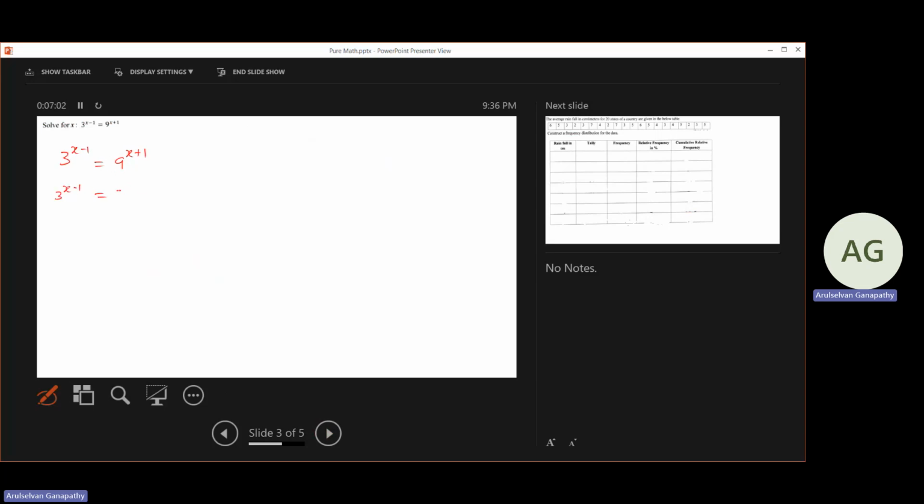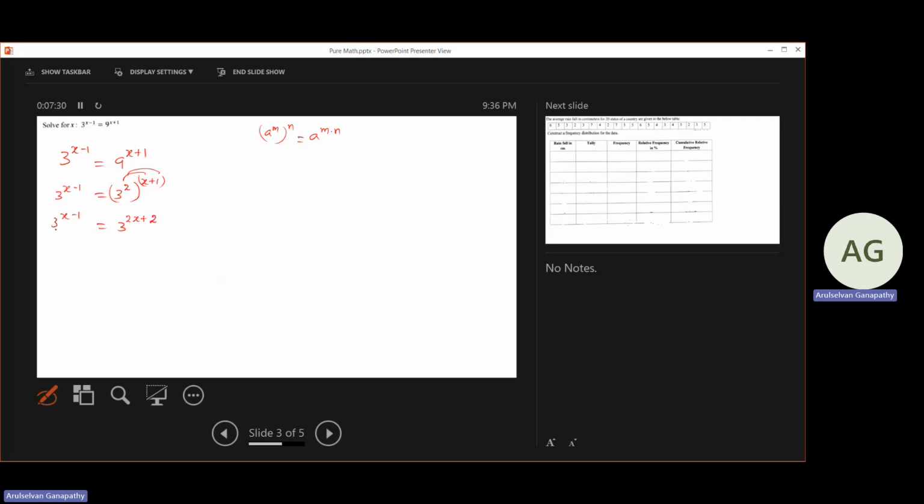But 9 can be written as 3 power 2, whole power x plus 1. What is a power m whole power n? It is a power m times n. So what we get here, 3 power x minus 1 equal to 3 power 2x plus 2.